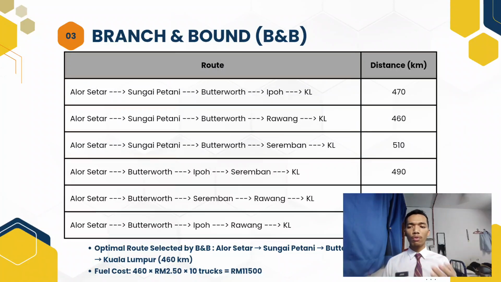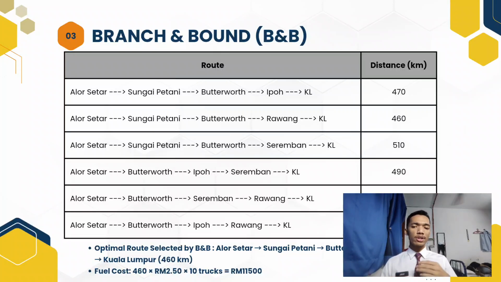For the fourth step, any route that exceeds the upper bound is pruned, meaning we do not consider it further. For the last step, through this process, we eventually converge on the optimal route, which in our example is 460 km. This method guarantees finding the optimal route but can be computationally intensive for large data sets.